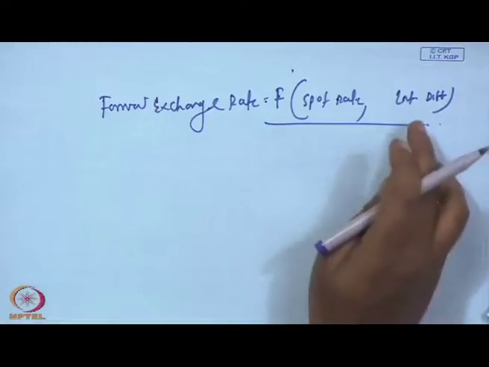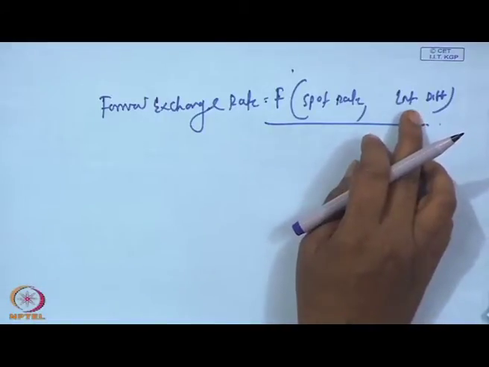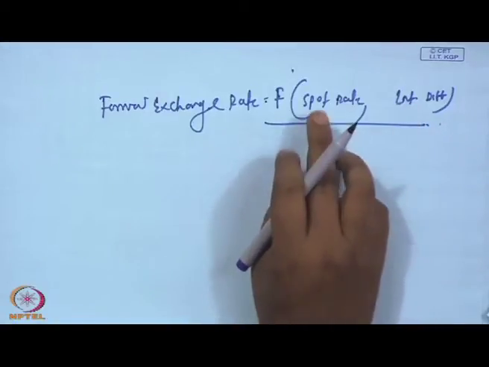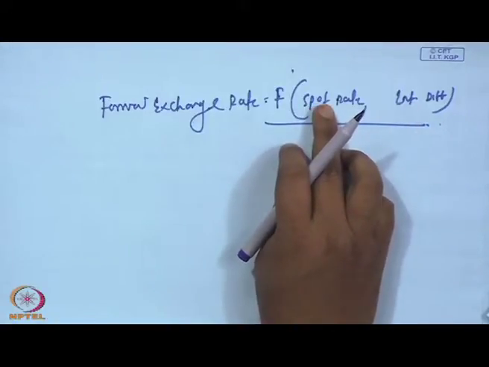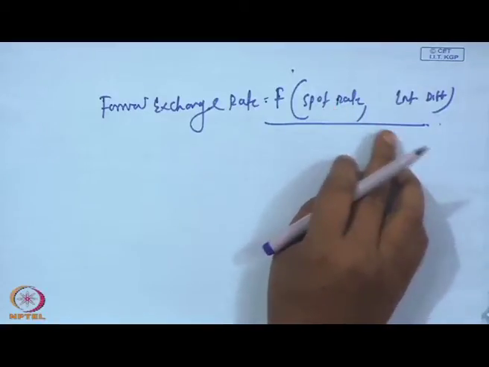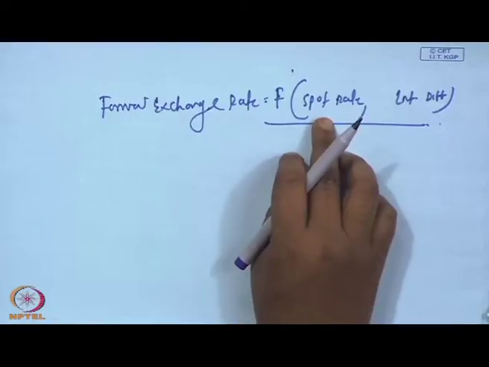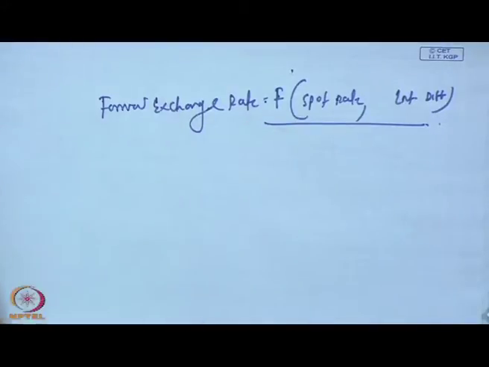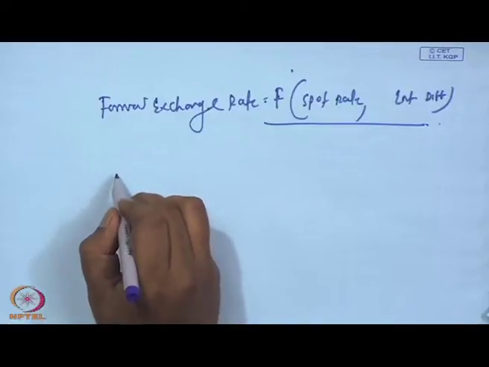So, whenever interest rate differentials are available, the movement of currency leads to depreciation or appreciation of the spot rate, depending on whether the country has a higher or lower interest rate. If a country has a higher interest rate, the future spot will depreciate further. If the country has a lower interest rate, the future spot will appreciate, and that leads to the calculation of the forward rate.